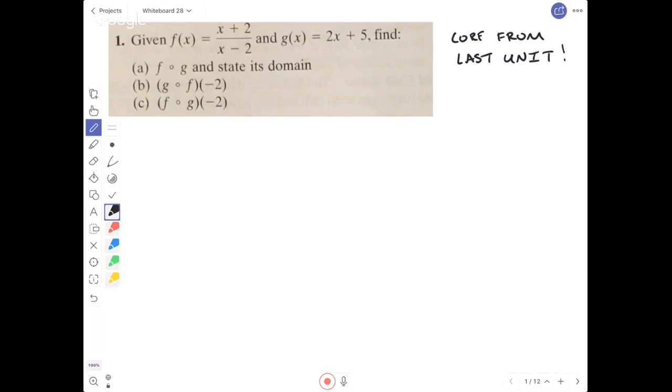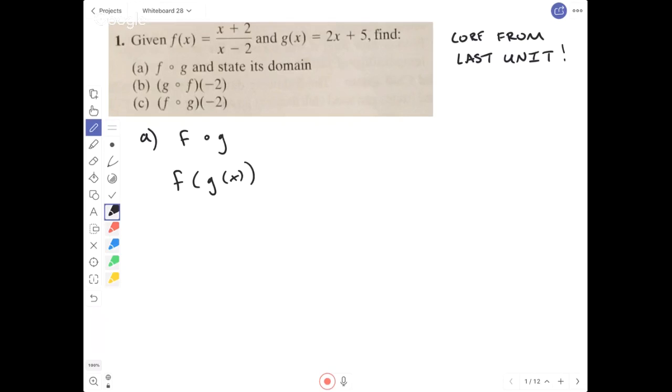I've got f of x equals x plus 2 over x minus 2 and g of x equals 2x plus 5. In A, I'm supposed to find f composed with g. So f composed with g is another way of saying f of g of x. So I'm taking my f of x function, and wherever I see an x, I will put a g of x.